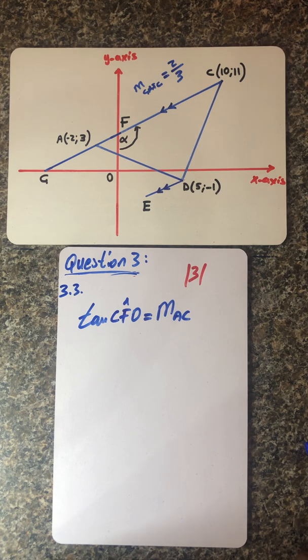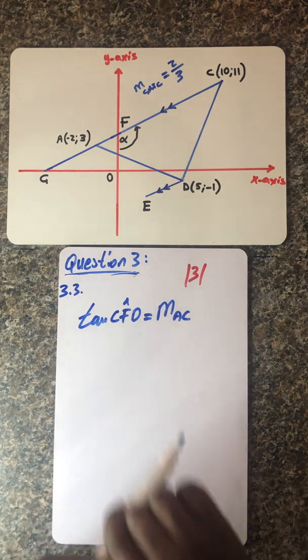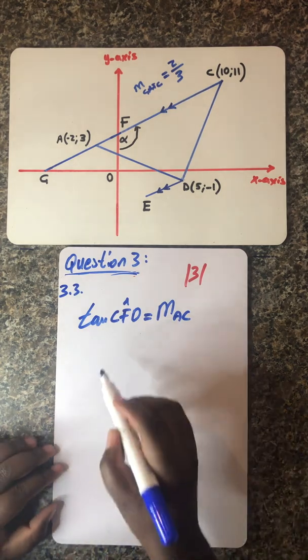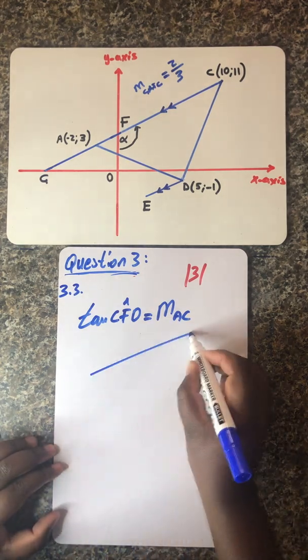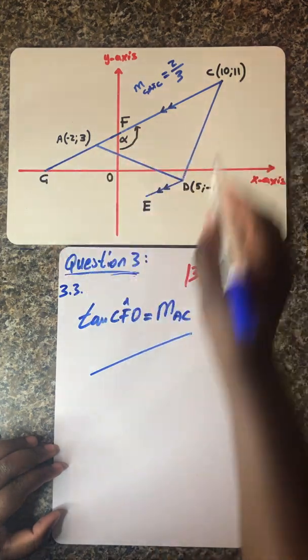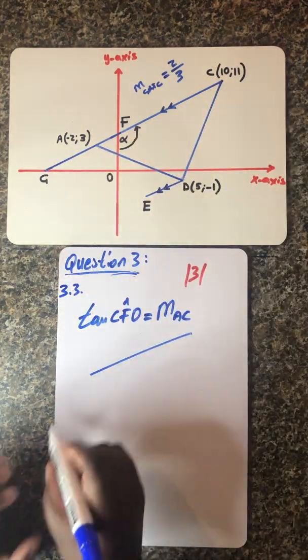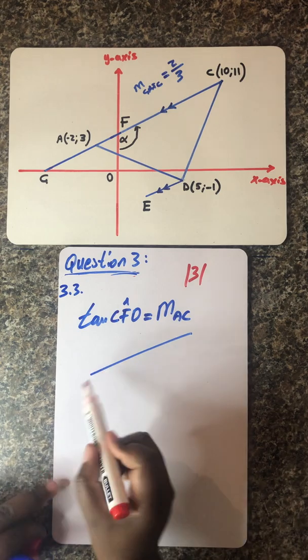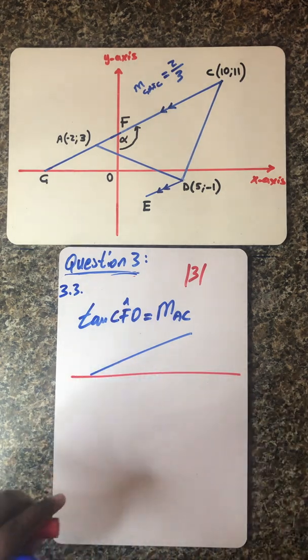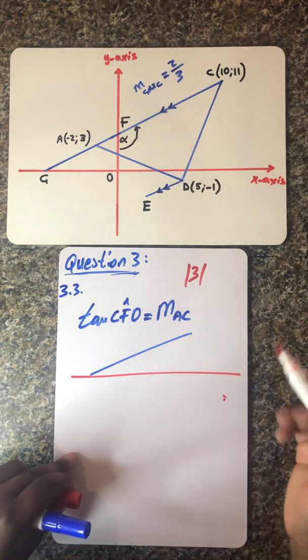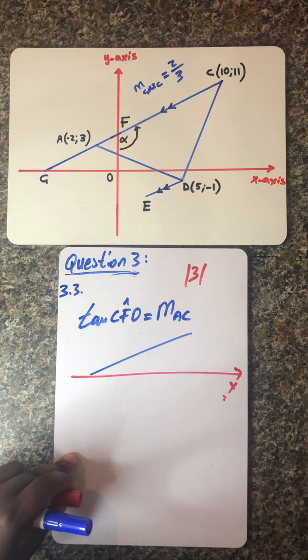Okay, so ladies and gentlemen, there's something that I think I should add as part of this lesson for answering this question. Remember guys, you've got a straight line, and you've got the x-axis.